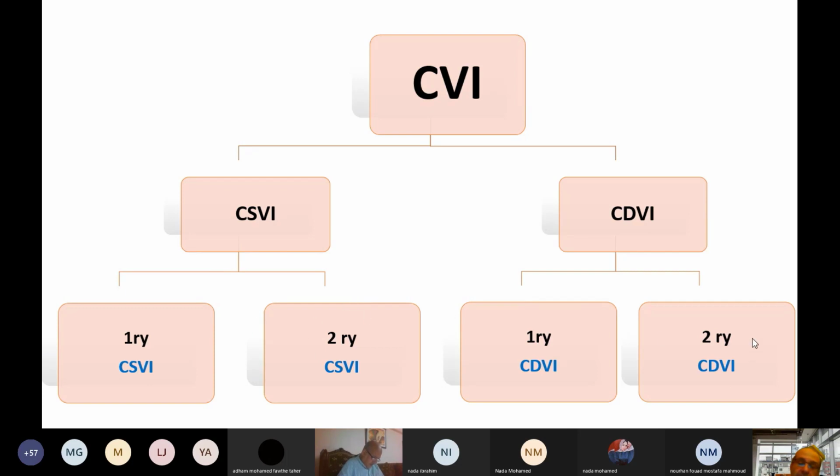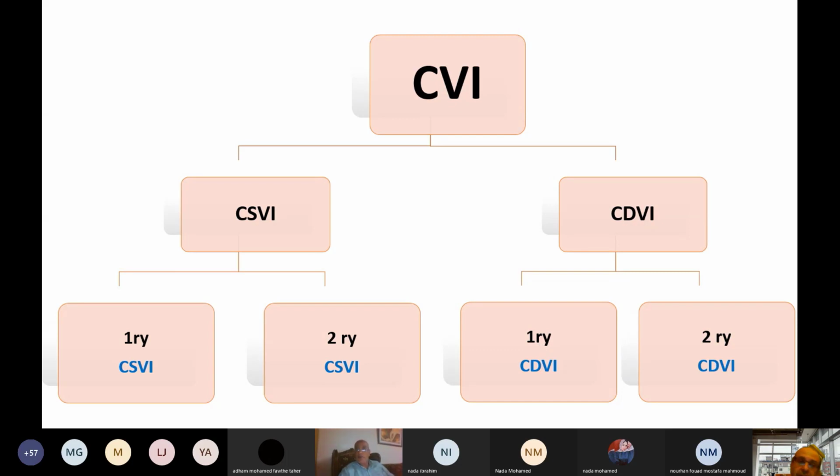That's to say, whenever you have a problem in the deep system, this means that you have a pressure inside the deep system which is higher than normal, so there is a venous insufficiency. This results in affection of the superficial system, and hence the patient will have a secondary varicose vein. So chronic deep venous insufficiency is either primary or secondary. Primary means there is no previous cause.